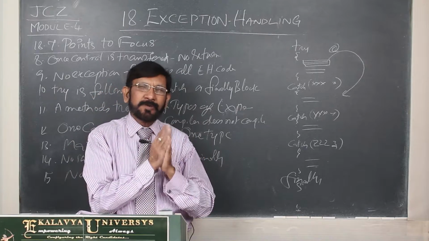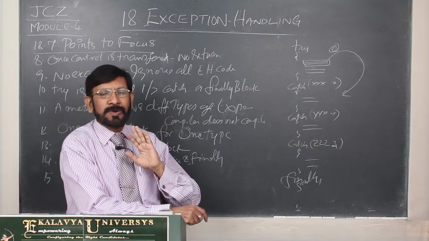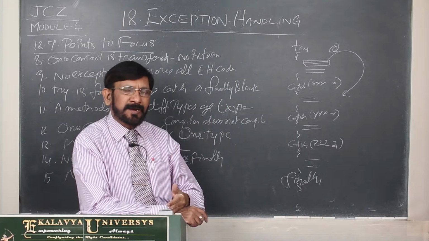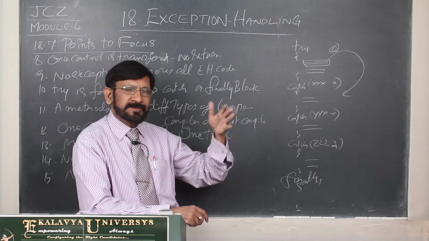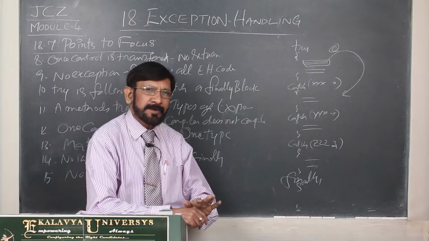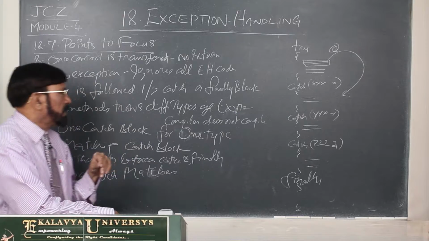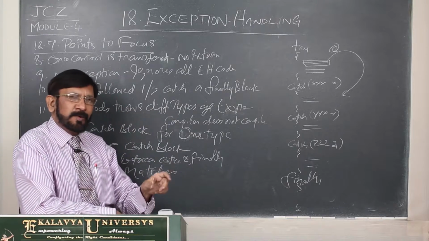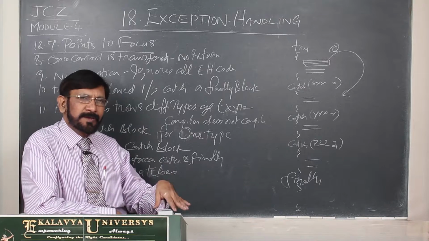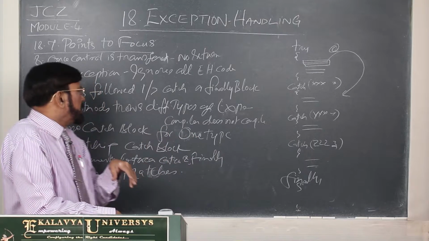The only thing is, try alone should not be written. Try, catch, and finally you can write. Try, multiple catch statements, and finally you can write. All the options you must remember. Writing try alone, without catch or finally, is illegal.